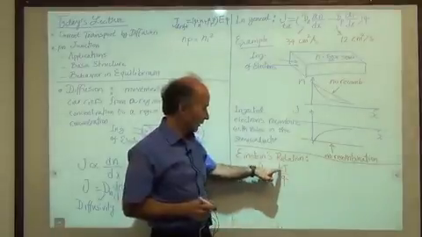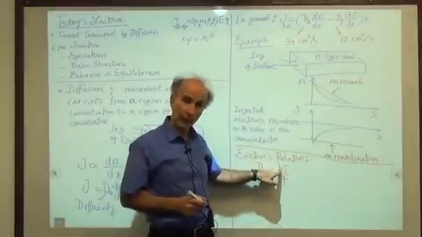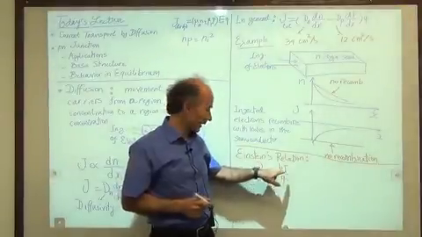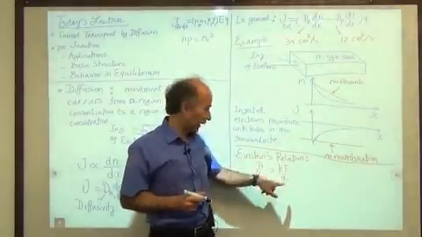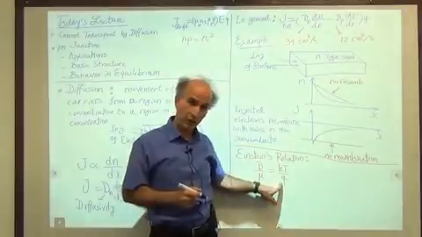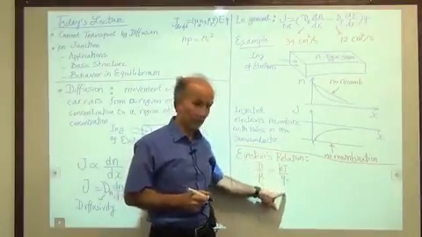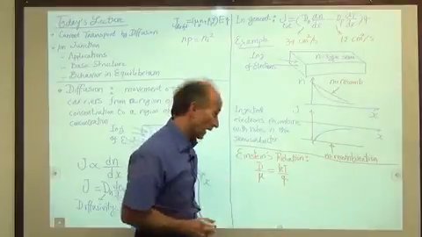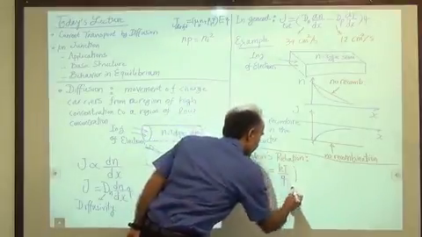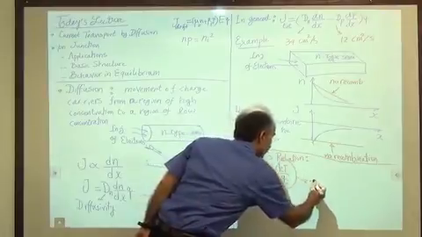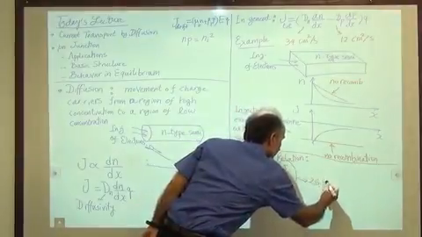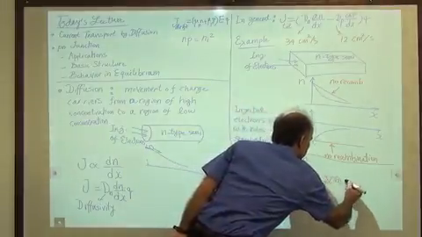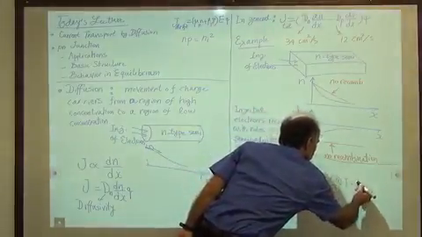I usually remember k, 1.38 times 10 to the minus 23. And temperature, for example, 300. I don't remember the electron charge. But what I do remember is this whole quantity. This whole quantity actually has a voltage dimension. And this whole quantity is equal to 26 millivolts at room temperature.